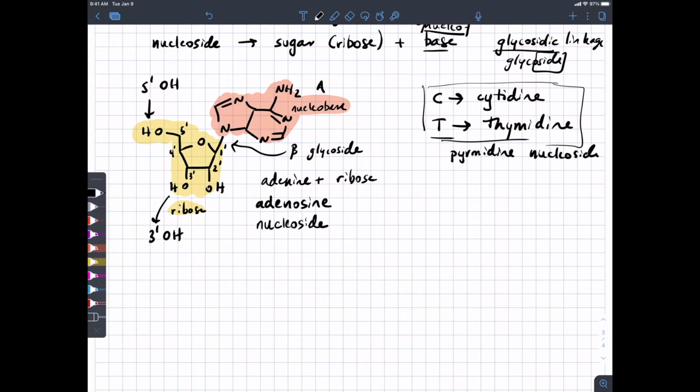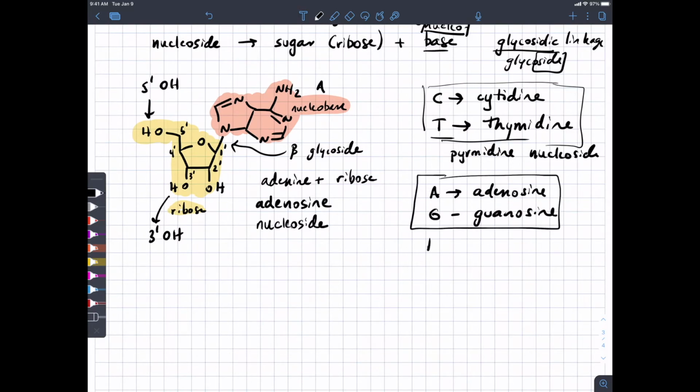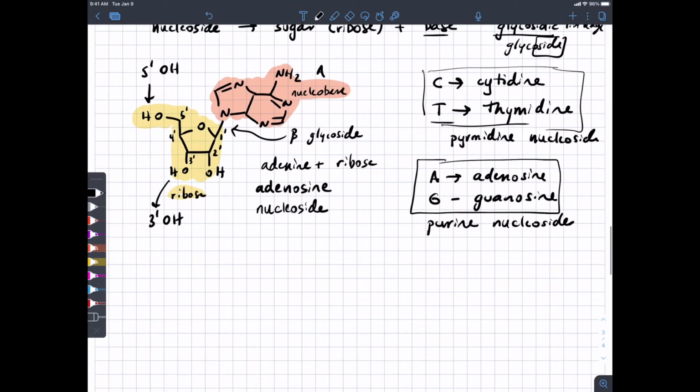And then A, as I've said, is adenosine. That's when it's bonded to ribose. And then G is guanosine. So a little bit weird. The pyrimidine nucleosides are named differently from the purine nucleosides, and that's just a bit of nomenclature.